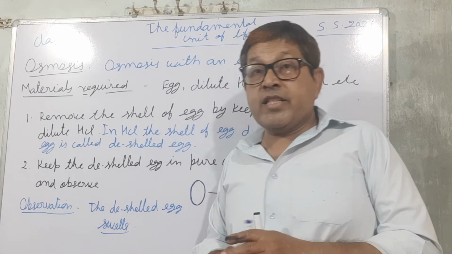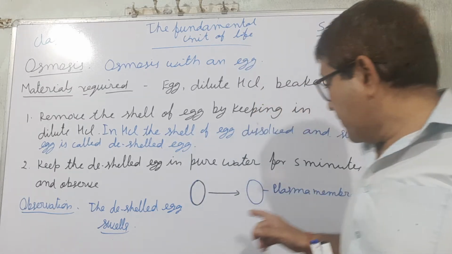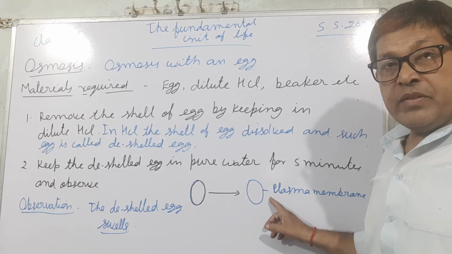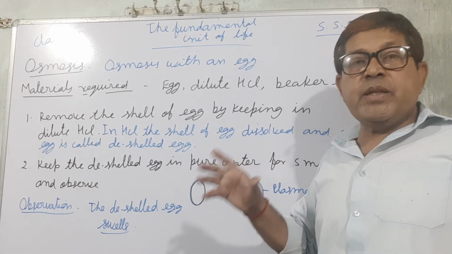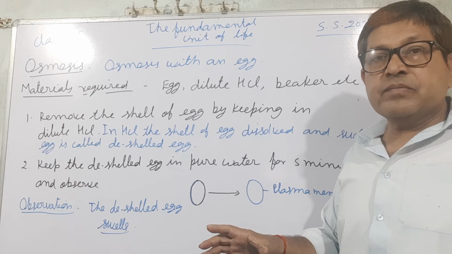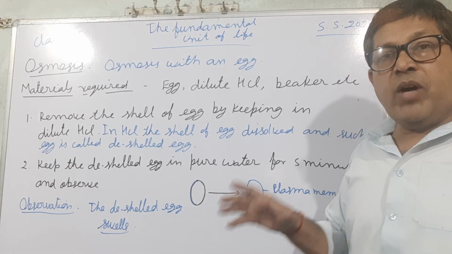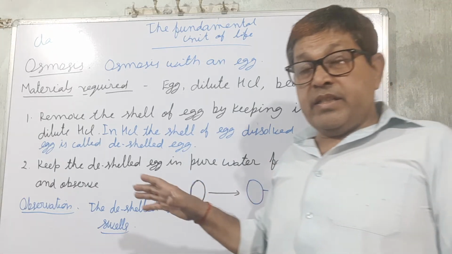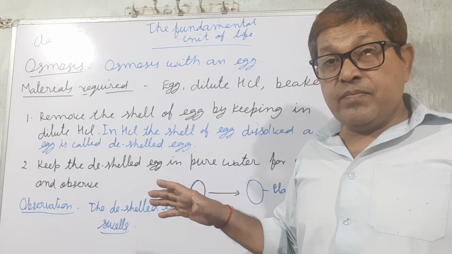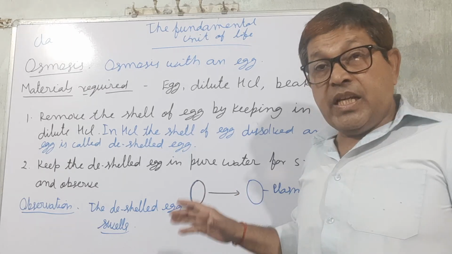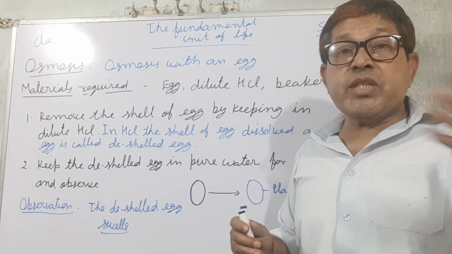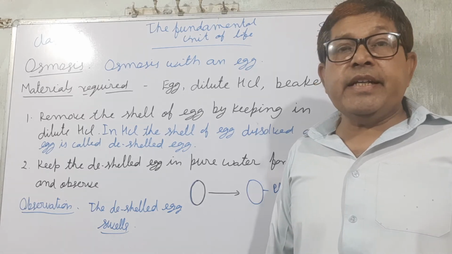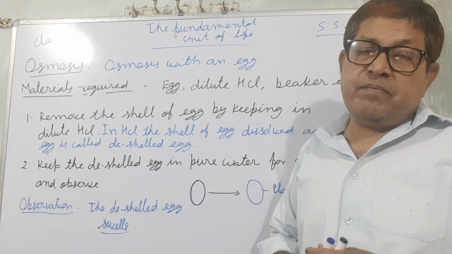Why does the decelled egg swell? Because the decelled egg has the plasma membrane as its outermost covering. The plasma membrane is semi-permeable in nature, and outside the cell there is more water in comparison to inside the cell.